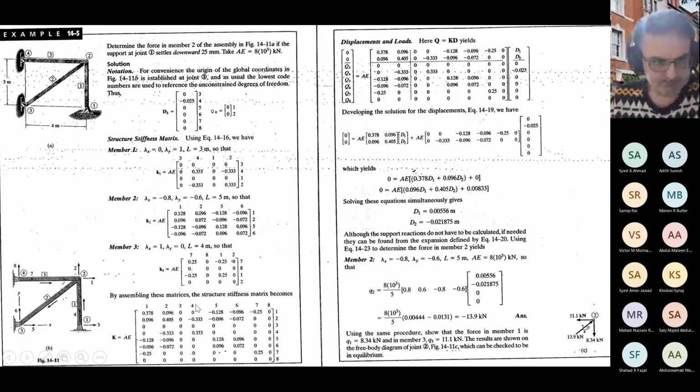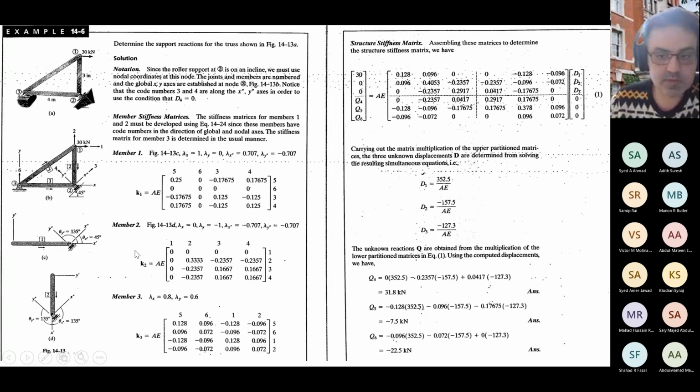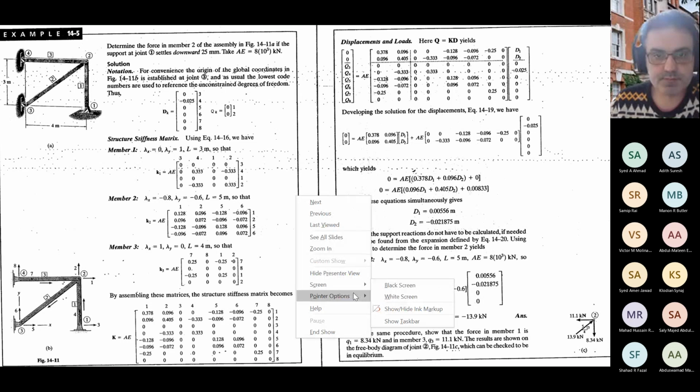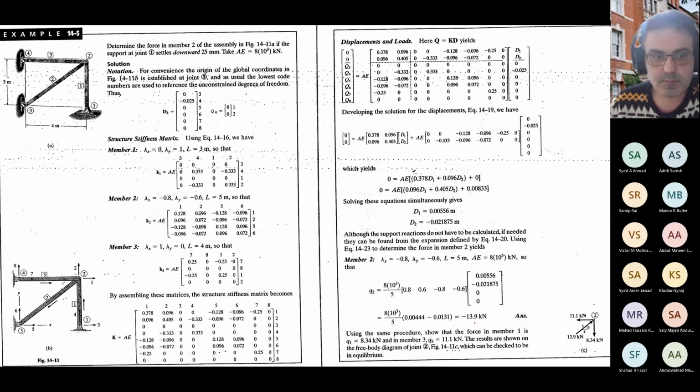Sorry, I need my pen. This is the coordination system, X and Y, right? Again, you can change the coordination system to see how it works. And after defining the coordination system, you can number the joints.